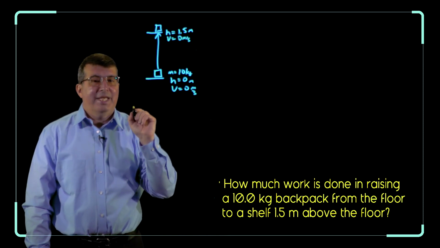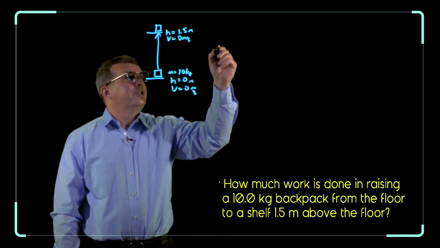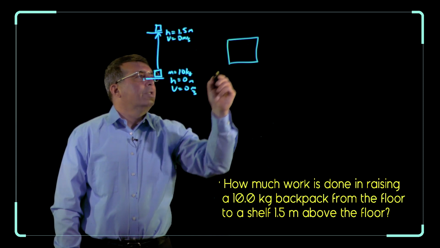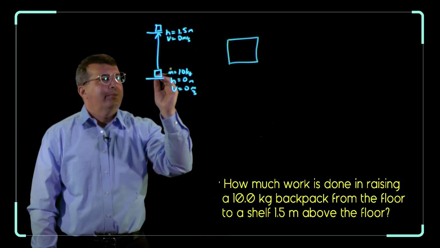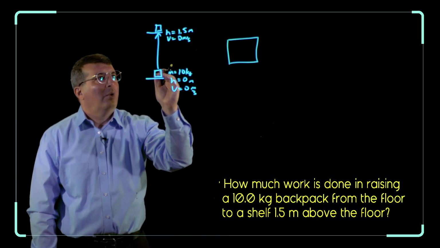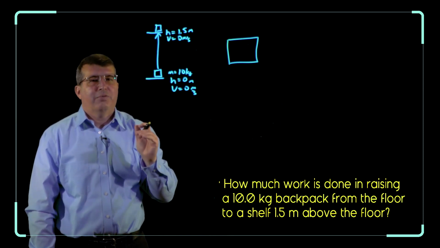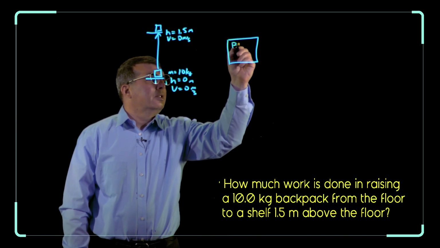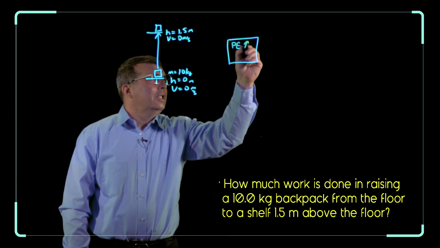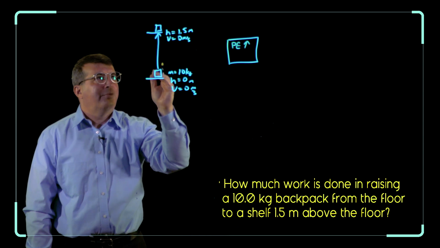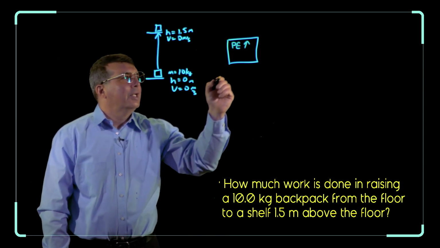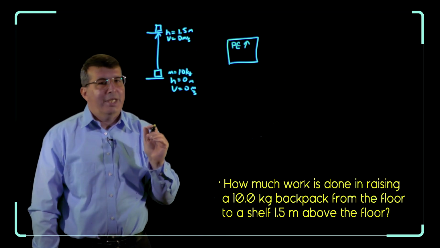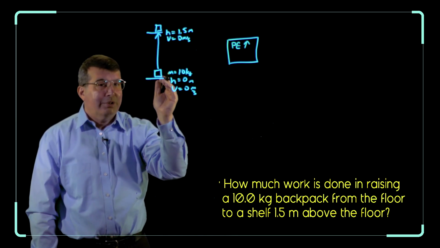Now let's look at the energy. Let's do an energy diagram. Okay. So in the box, as we go from the floor to the shelf, the potential energy increases. The kinetic energy is 0 to begin with and 0 at the end because the backpack is not moving when it's on the floor.